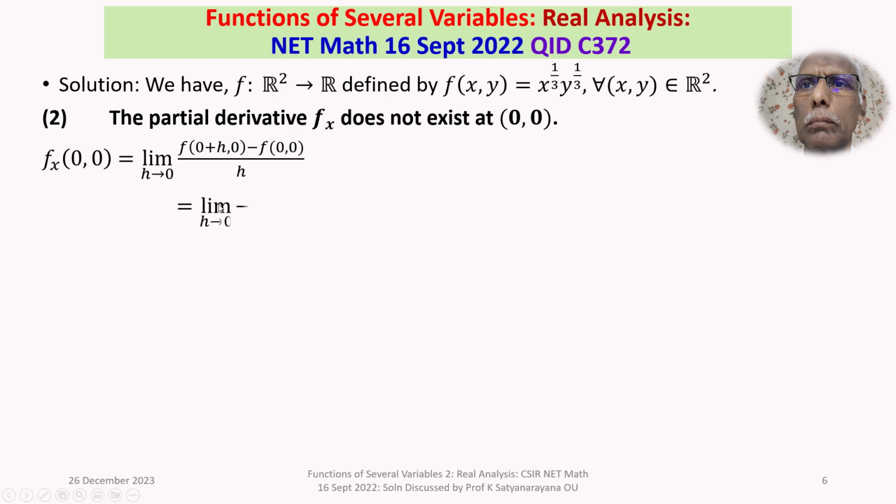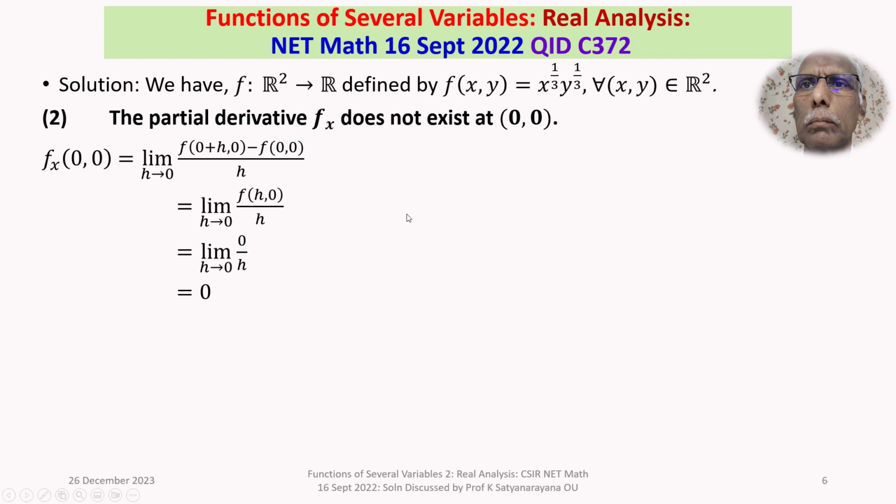That is equal to limit h tends to 0 of f of h, 0 minus f of 0, 0, which is 0, by h. Now f of h comma 0 is h to the power of 1/3 into 0 to the power of 1/3, which is 0. So this is limit h tends to 0 of 0 by h, and that is equal to 0.